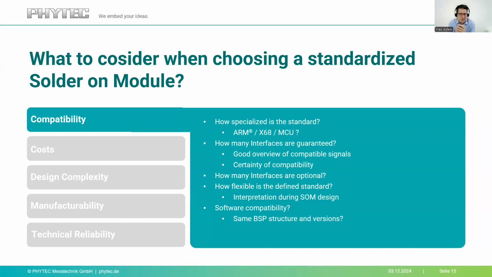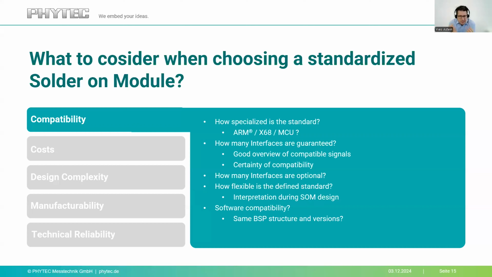So for example, if there are not many must-have signals defined, a SOM vendor might decide to prioritize during the muxing of his module to use certain interfaces of the processor and not use the other ones because they're actually conflicting with each other when trying to make the muxing.